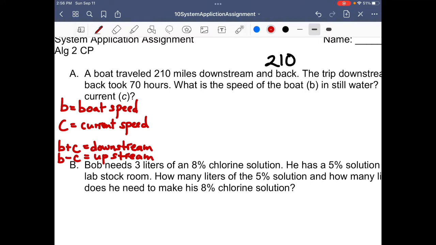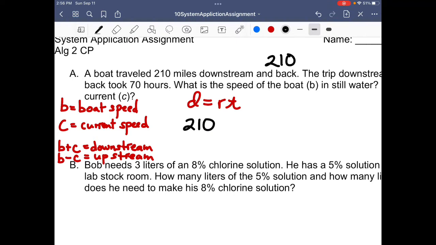Now, where's the equations? We need equations when we're doing application problems. I've got good news for you. It comes from a basic principle from science class where distance will always equal rate times time, right? You've heard of that little formula, distance equals rate times time. Well, what we're going to do is use the distance that is being referred to in this problem.